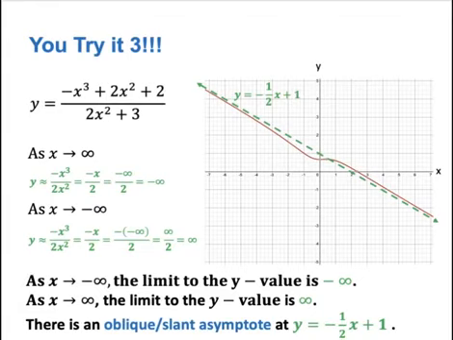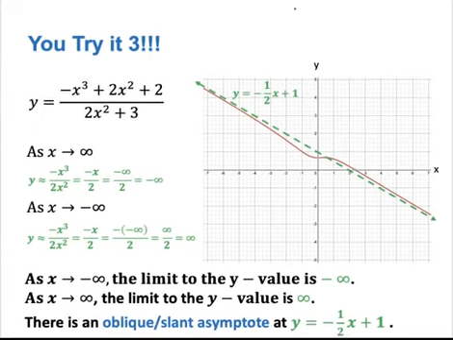Now I can't use synthetic division here because synthetic division works when you only have a power of 1. So we'll have to use long division. I guess I can go ahead and do that here. So we have negative x cubed plus 2x squared plus 0x plus 0x.